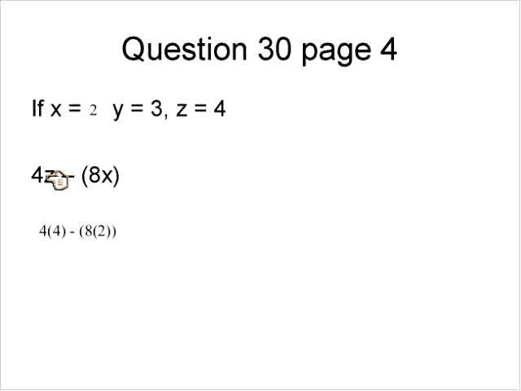When numbers are right next to variables like that, it's an implied multiplication. So this means 4 times z, z is equal to 4, and it's 4 times 4. 4 times 4 is 16, and 8 times 2 is 16. And so our answer for question 30 on page 4 is 0.